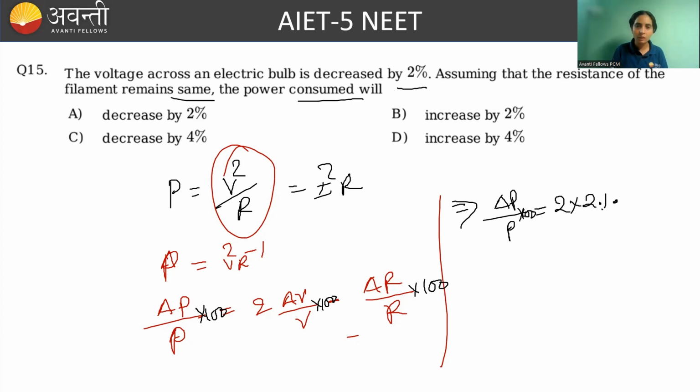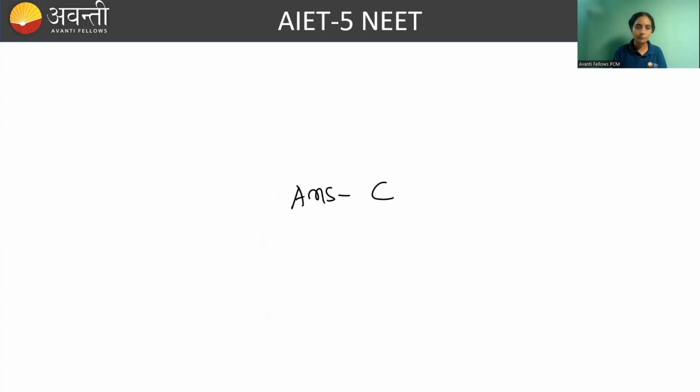So this term becomes 0. So the percentage change in power is how much? It is 2% getting decreased, so we attach a minus sign here, because this is minus 2%, a minus sign to indicate decrement. So power will decrease by 4%. And that is why the correct answer will be C.